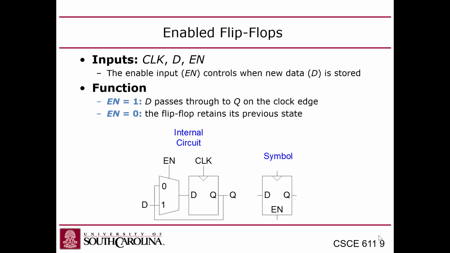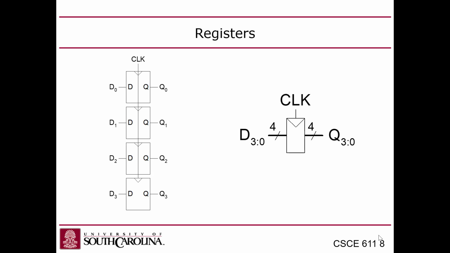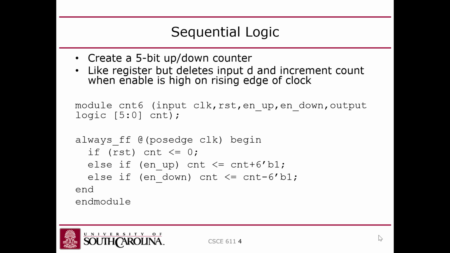Okay, I covered this too last time, but just to briefly review, you can now also have a flip-flop or a register that is enabled, meaning that it'll ignore the clock, the rising edge of the clock, if the enable is not asserted. And we already kind of saw that with this counter too. So in this counter, if both of these enables, enable up and enable down, were both not asserted, then nothing happened on the clock edge.